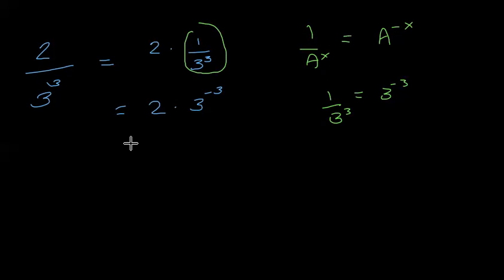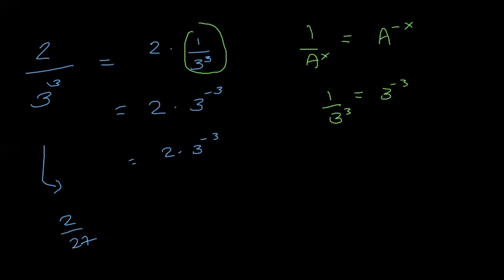So if I wanted to leave this in this manner, meaning just apply the rule, then it should be 2 times 3 to the minus 3. Of course, if you weren't using the law, what you would just have is 2 over 27. But for now, I'm just showing you how to utilize the laws that we have. There are going to be instances in which you end up utilizing the law. Matter of fact, let's look at one.